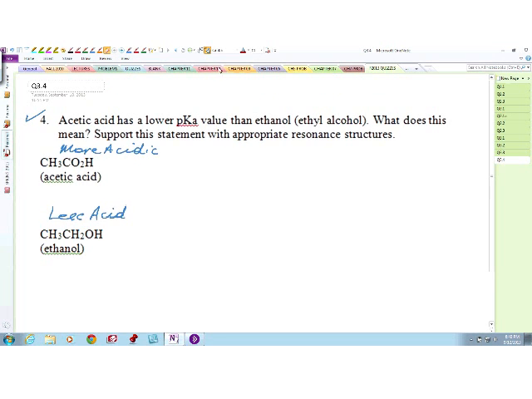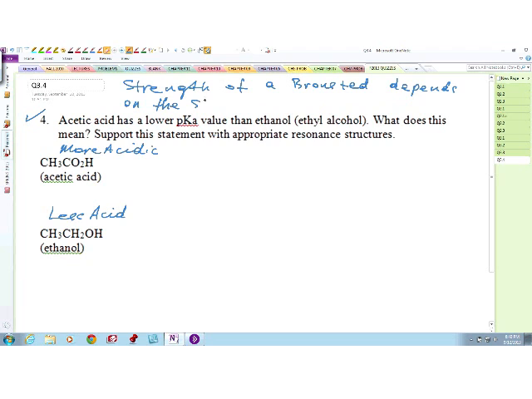let me write this. I want to write it for everybody again, because this is very important. The strength of a Bronsted acid depends on the stability of its conjugate base.